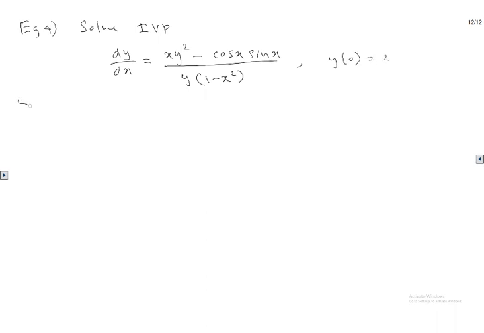Again taken from the Zill book. I'm going to give you more information in the description. This is one of the very good books in differential equations.